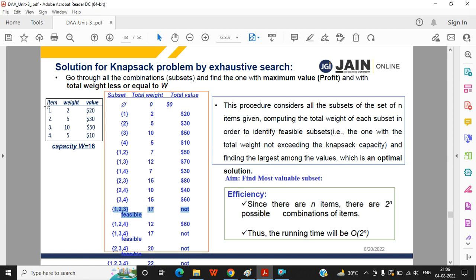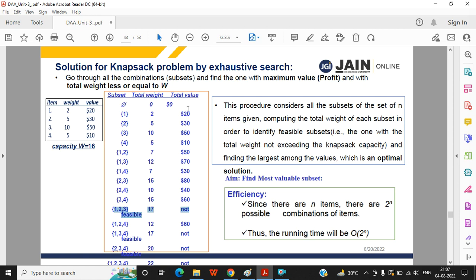Selecting an item is a check, and not selecting an item is also a check. So for each and every item, you have to check twice. So it will be 2 to the power 4 number of checks. Are you getting it? Yes, I got it.